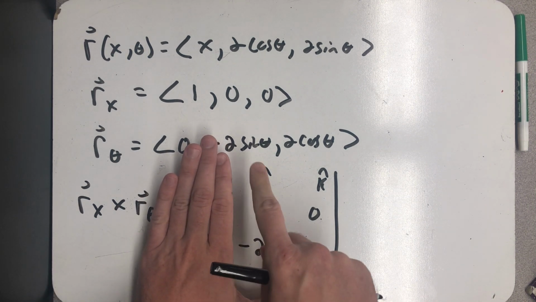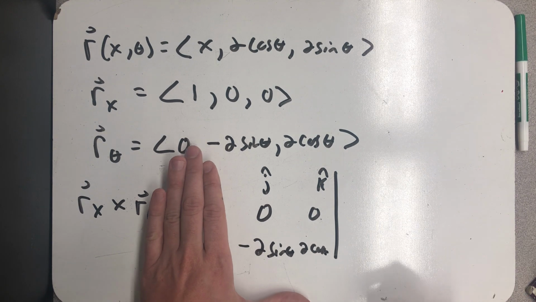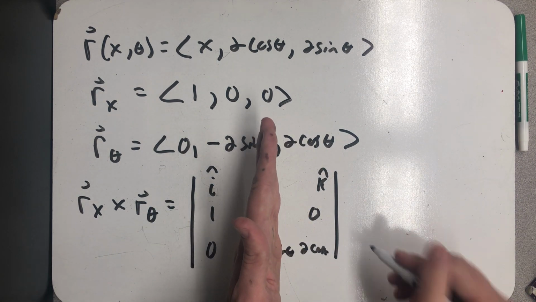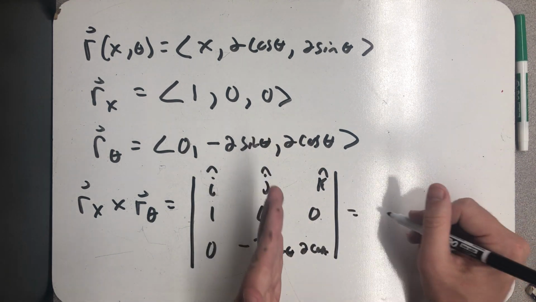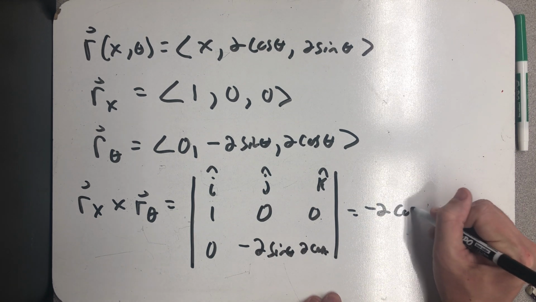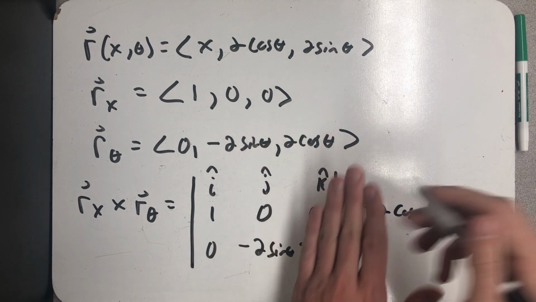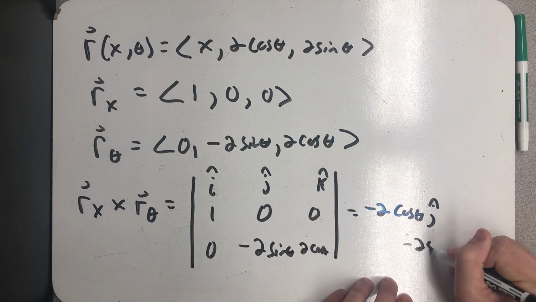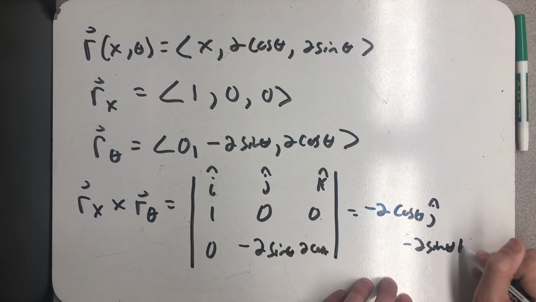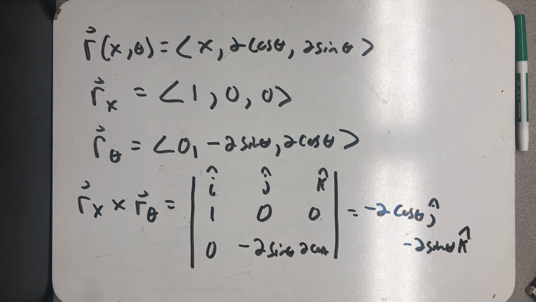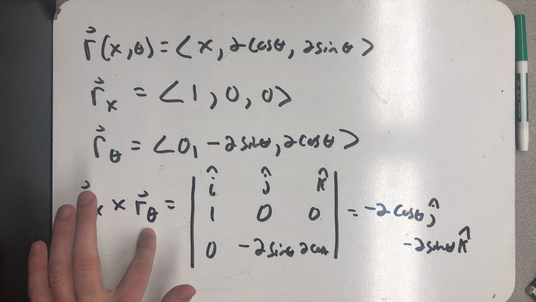So if I go to compute the i part, I get 0. If I go to compute the j component, let's see, I get 2 cosine theta, that'd be minus 2 cosine theta j. And when I go compute the k component, I get another minus 2 sine theta k. So there is our x cross our theta.